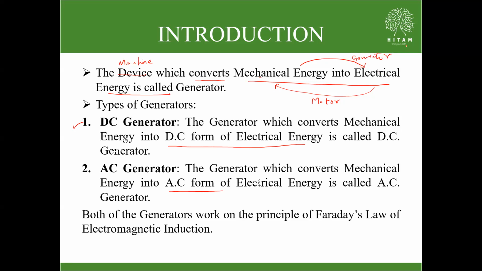Both these generators and the motors will work on the principle of Faraday's law of electromagnetic induction, whether it is AC or DC. Understood up to this? Yes, sir. Very importantly, the fundamental classes are most important.